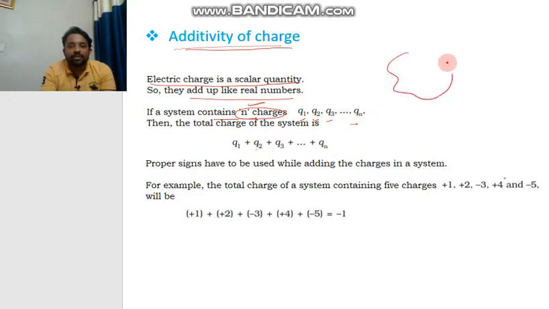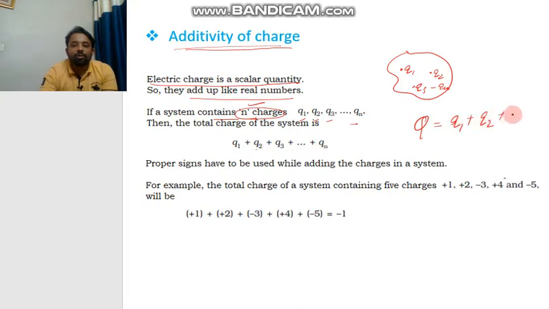Then the total charge q on the system will be the algebraic sum of all these charges up to qn.